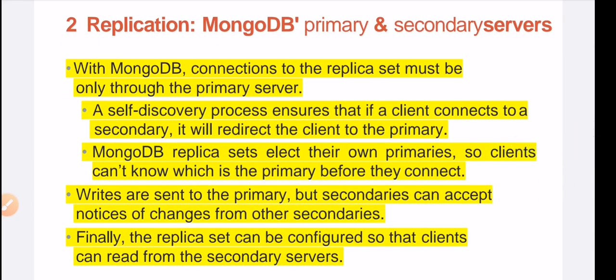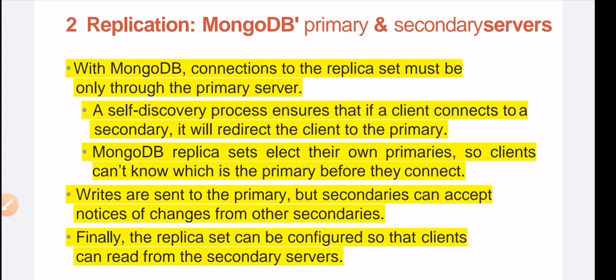With Mongo database, connection to the replica set must only go through the primary server. I'm a client, I want any request, I should go to the primary server first. Then the primary server sends my request to the suitable server or slave.